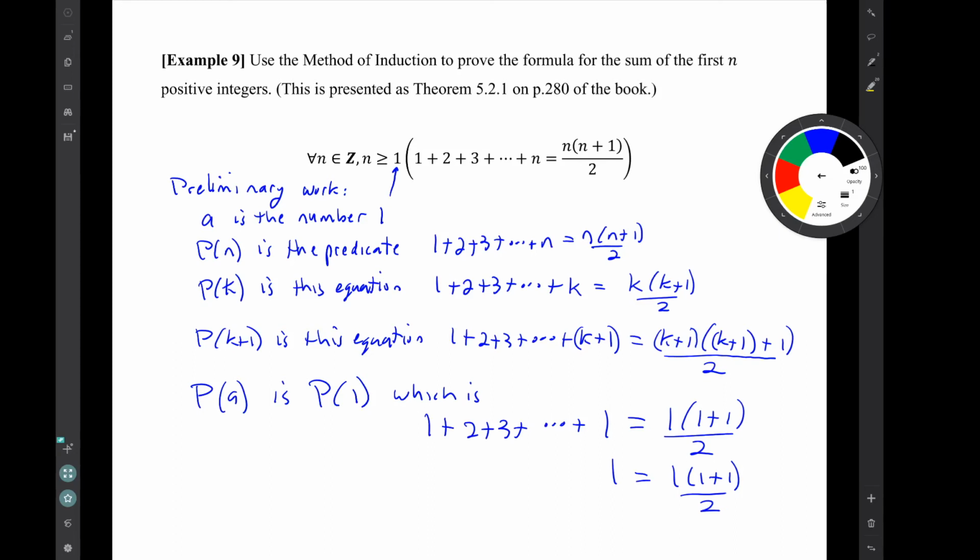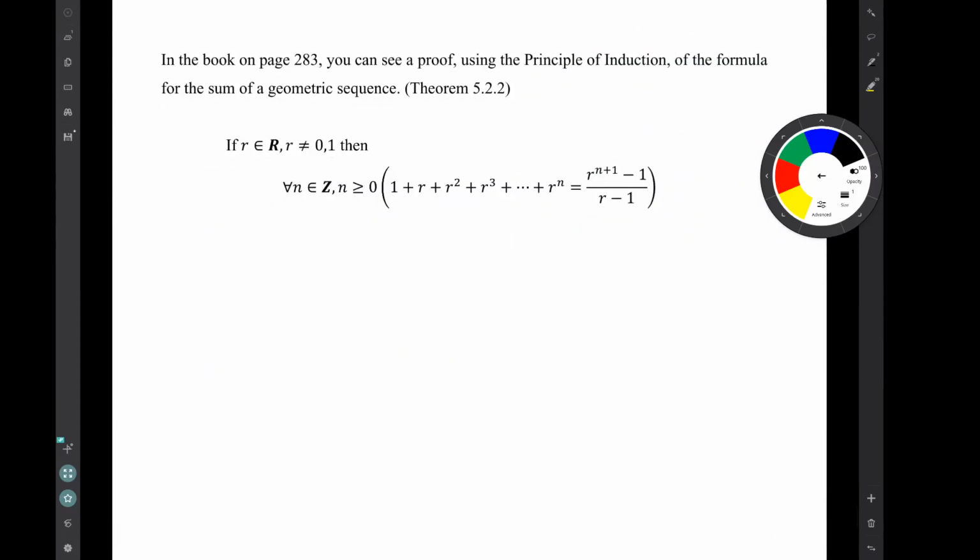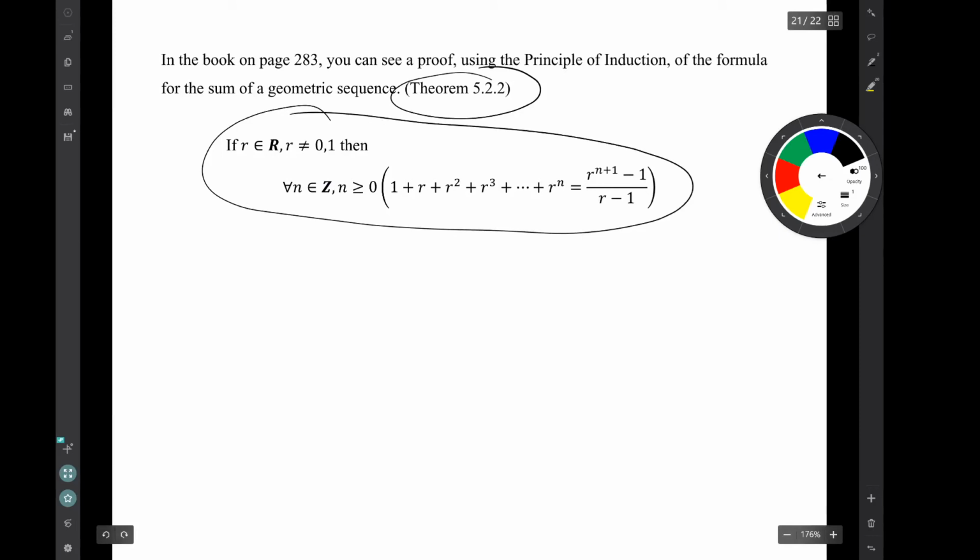Now I want to discuss another proof. This proof that we just did is actually presented in the book on page 280. It's a theorem, theorem 5.2.1. There's another nice proof using induction in the book as well. In the book, theorem 5.2.2, they prove this, which is the formula for the sum of a geometric sequence. Remember, we proved this formula without using induction, just like we proved the formula for the sum of the first n positive integers.